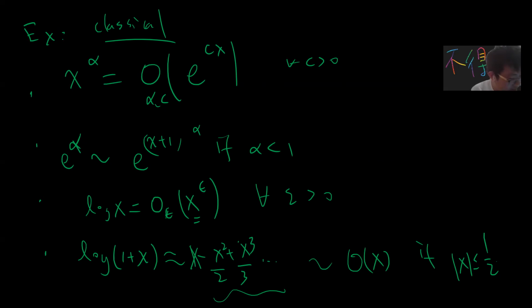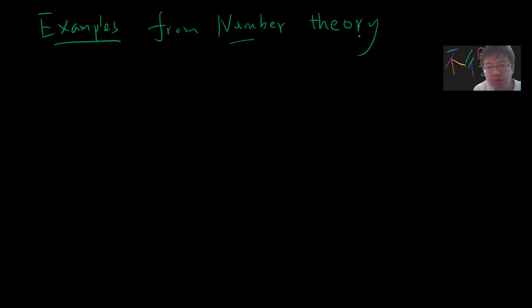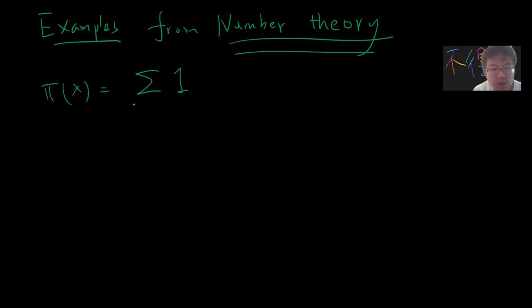Okay, so let me talk about examples from number theory. This is for the prime number theorem. You can view the prime number theorem as the first triumph in number theory that people can prove. Let me quickly review. Pi of x is defined to be the number of primes p less than or equal to x.